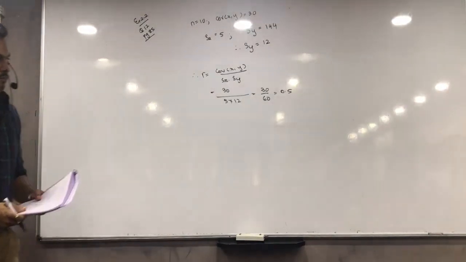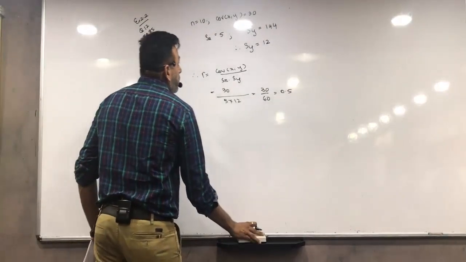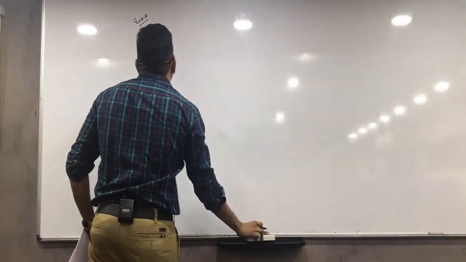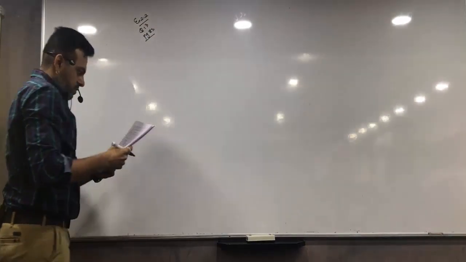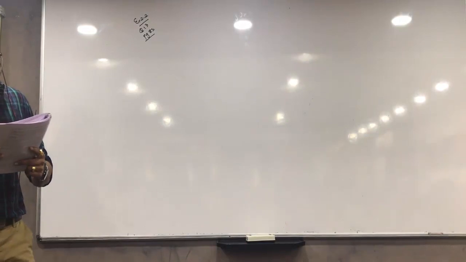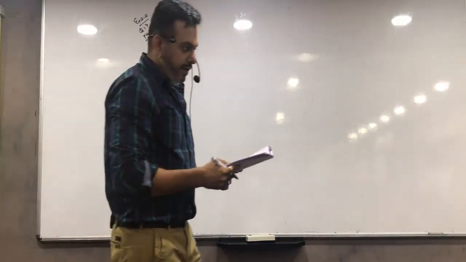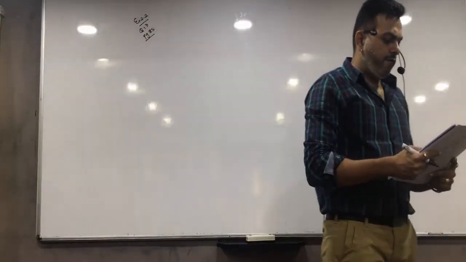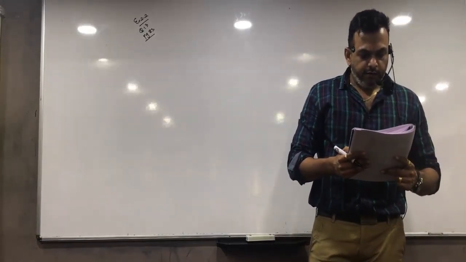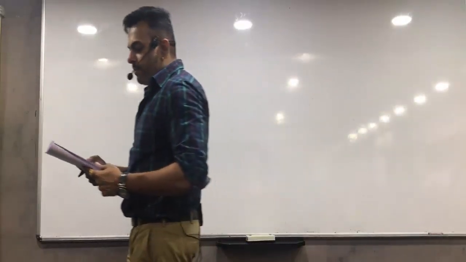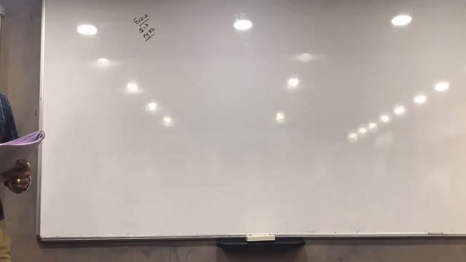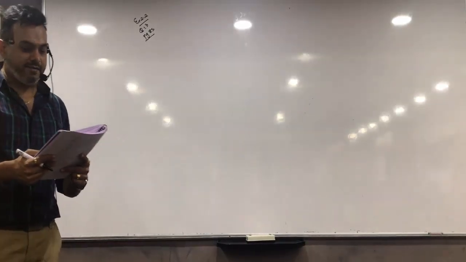Question number 30 is interesting. The following information is obtained regarding the height x and weight y from a sample of 10 students of a school. X bar is equal to 160, y bar is equal to 55, sigma xy is 90,000. Standard deviation of x is 25, standard deviation of y is 10.